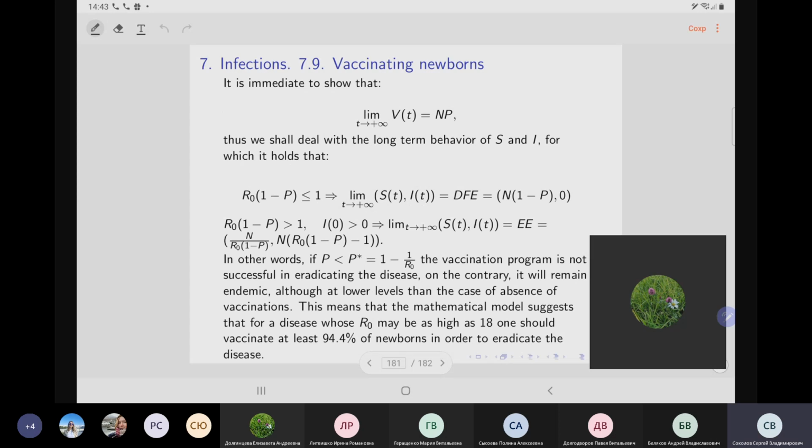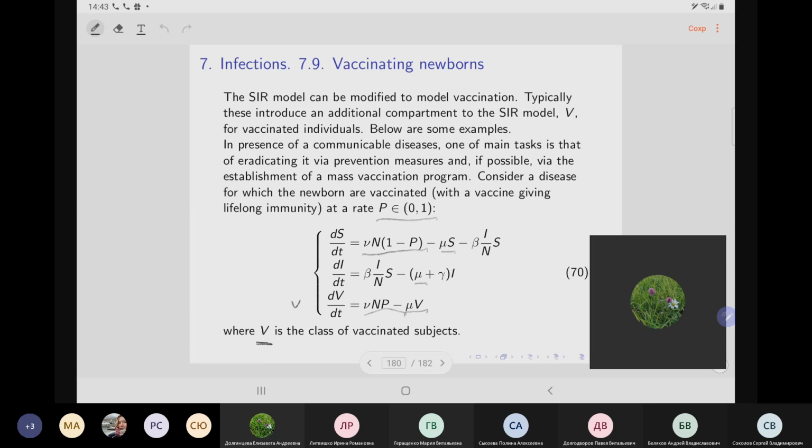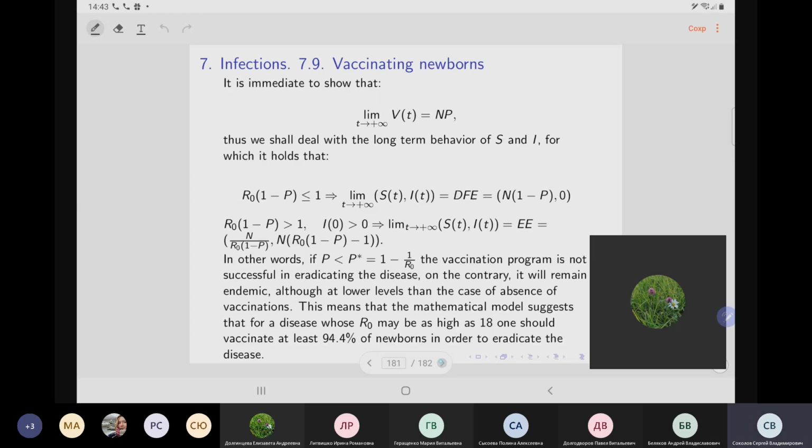So we can use the same analysis. First of all, from the last equation, we can see that we can simply solve it. It's a linear equation, and the exact solution gives us that V tends to NP.